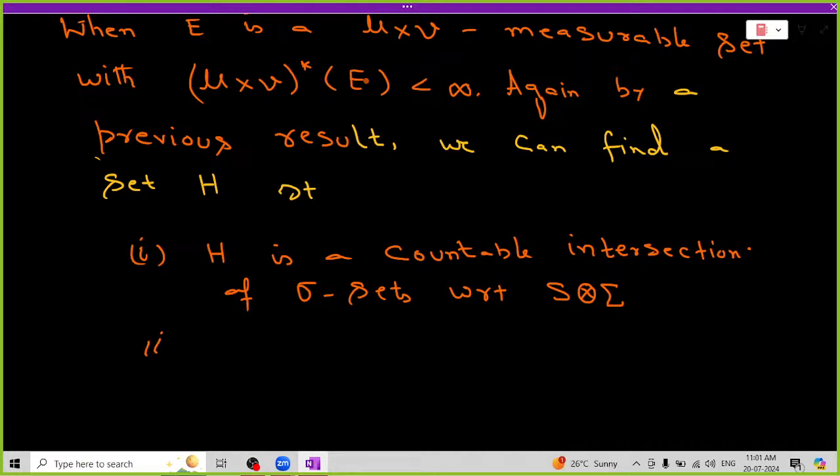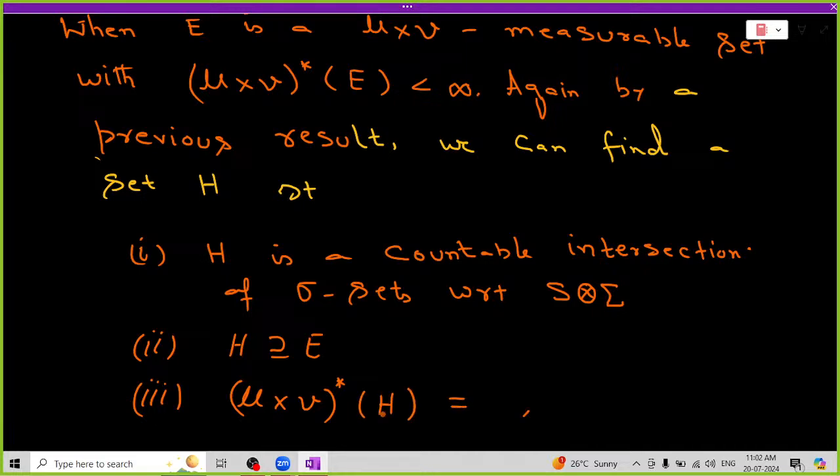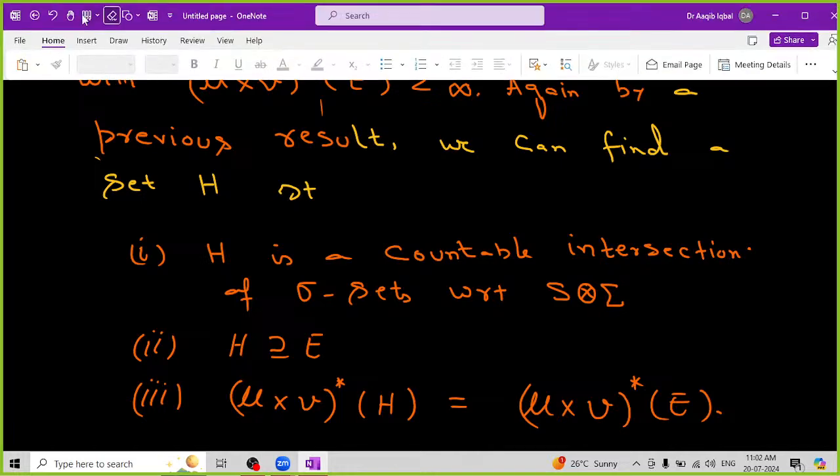Second, H will be containing E. And third, the mu cross nu outer measure of H will be the same as the mu cross nu outer measure of E. Okay, so this can be done.